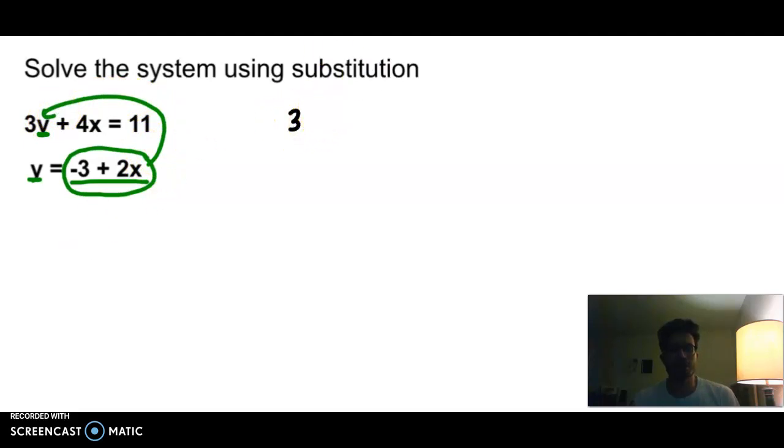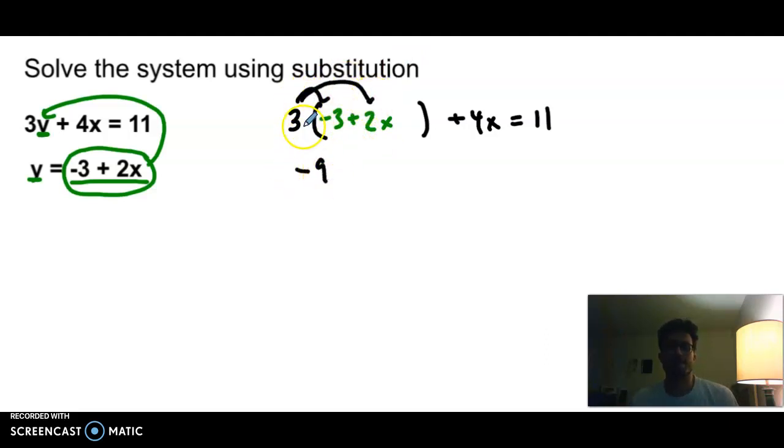So I have 3 times whatever y is equal to plus 4x is equal to 11. So I'll put my expression that's equal to y, and then I'll solve. So if I distribute, I have negative 9 plus 6x plus 4x equals 11. 6x plus 4x, that's 10x.